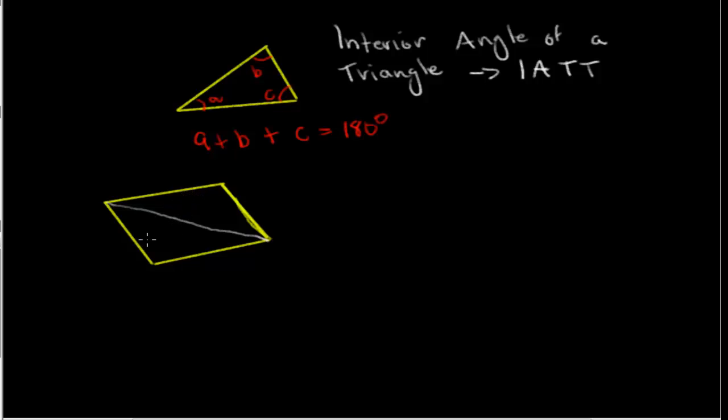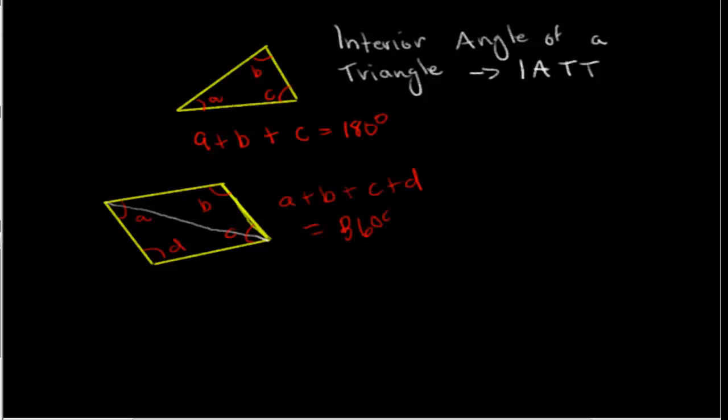So two triangles, 180 degrees each, must equal 360 degrees. So that means that the interior angles of a quadrilateral, if we call this A, B, C, and now D, A plus B plus C plus D must equal 360 degrees.